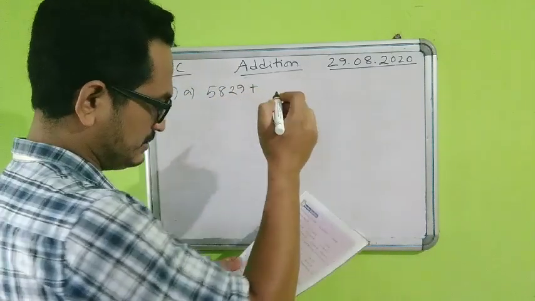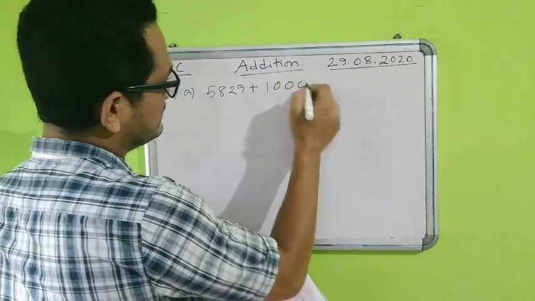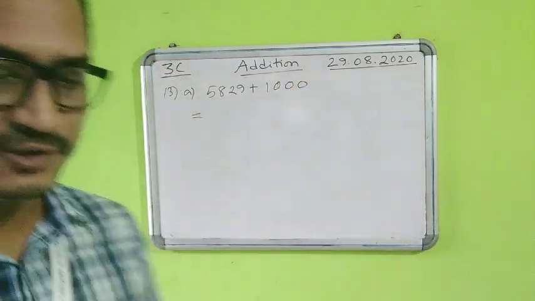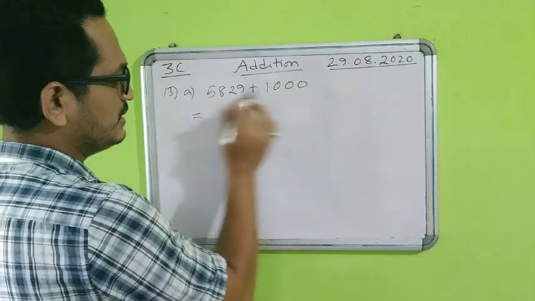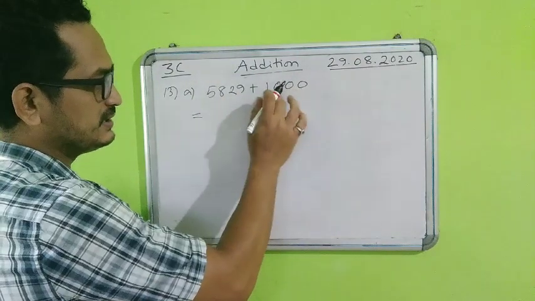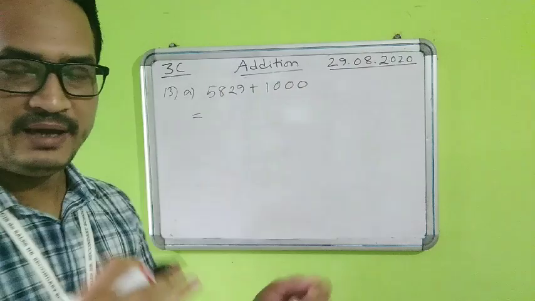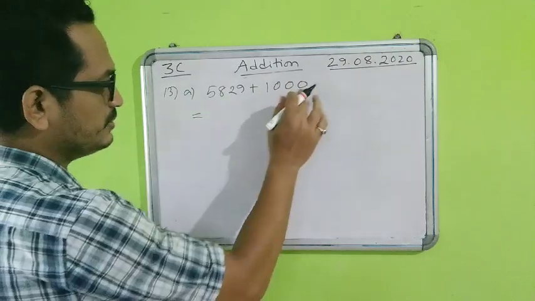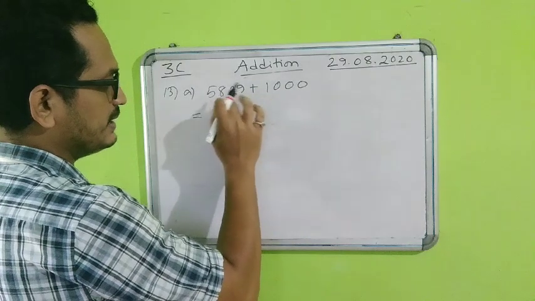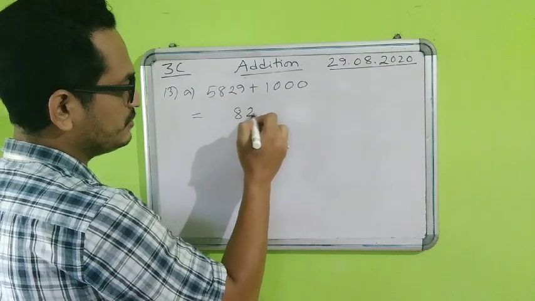5829 plus 1000. Now when this type of addition is there, students, you actually do not need to add vertically. Why? Because see, there are 3 zeros and there are 3 places, ones, tens, hundreds. So when we add 0 with any number, the same number will come. So when we add this with 829, 829 will be the same.